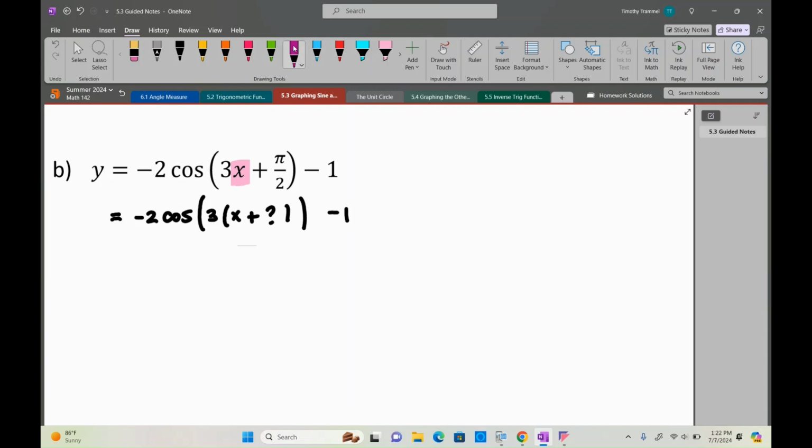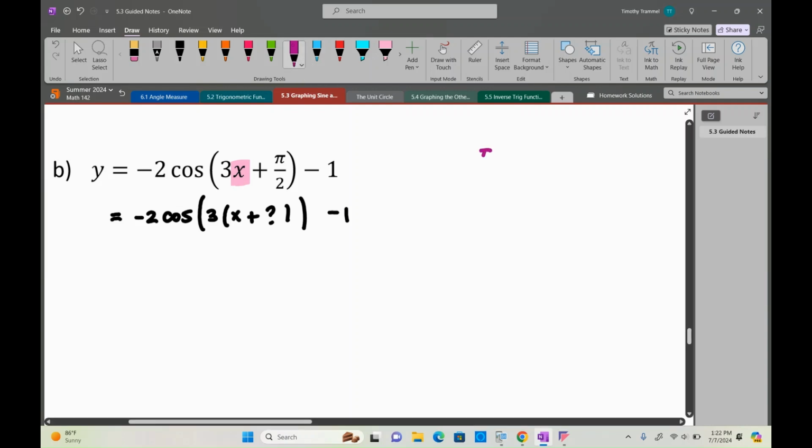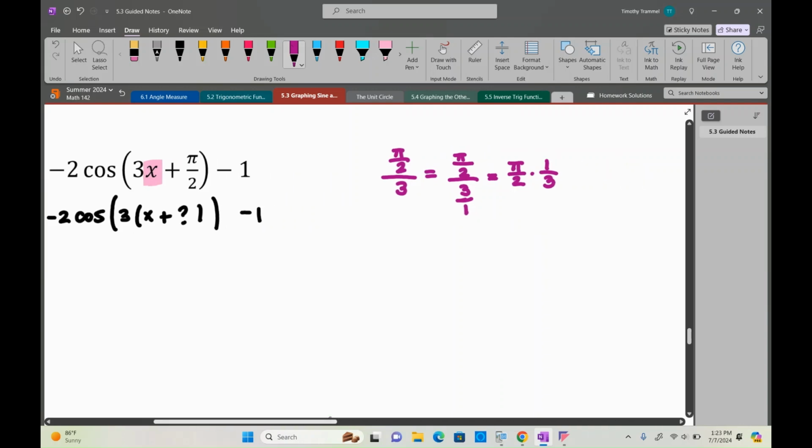Here's what I mean. If I were to take pi over 2 and divide it by 3, I could think about that 3 as a 3 over 1, and then we could flip and multiply. And so that actually gives us pi over 6. There we go.